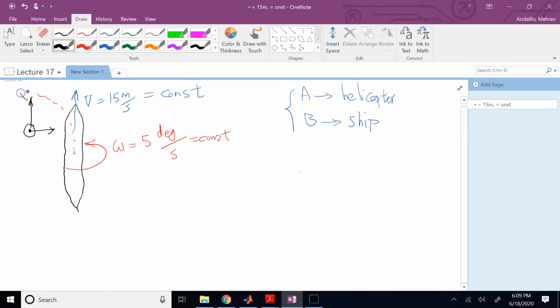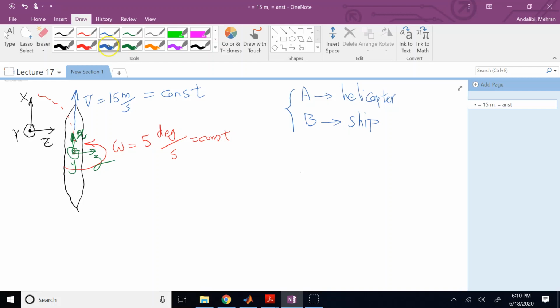So this is cap X, this is cap Y, and this is cap Z. And then we also have a frame attached to the ship, which is small x, small z, and small y.